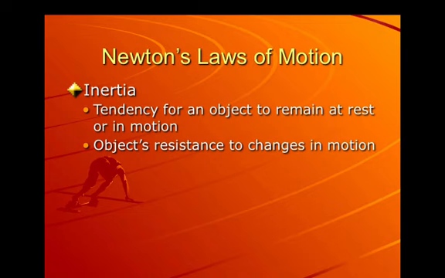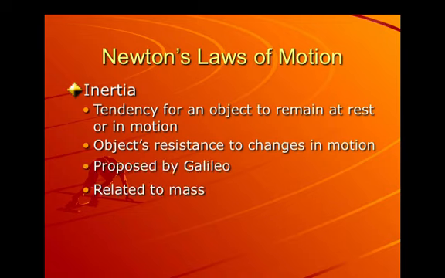Now, a lot of this is very much related to the idea of mass, and that's what Galileo first talked about. Objects with very large masses have a tendency to remain in their state of rest or motion, and it's very difficult to change that. Objects with smaller masses, a little bit easier sometimes to change their state of rest or motion. So inertia can often be related to an object's mass.